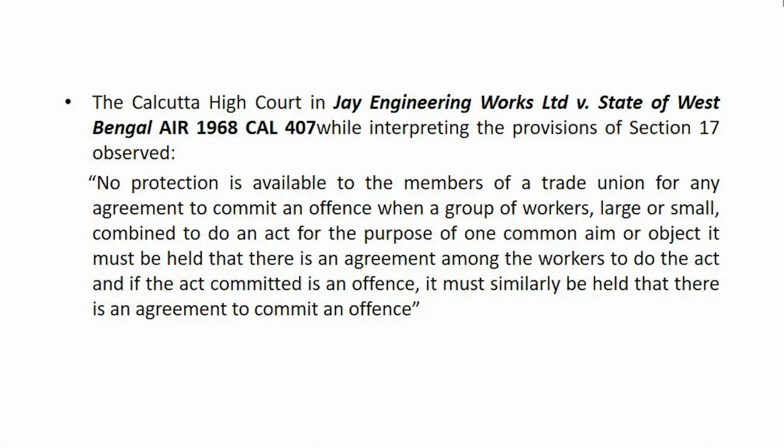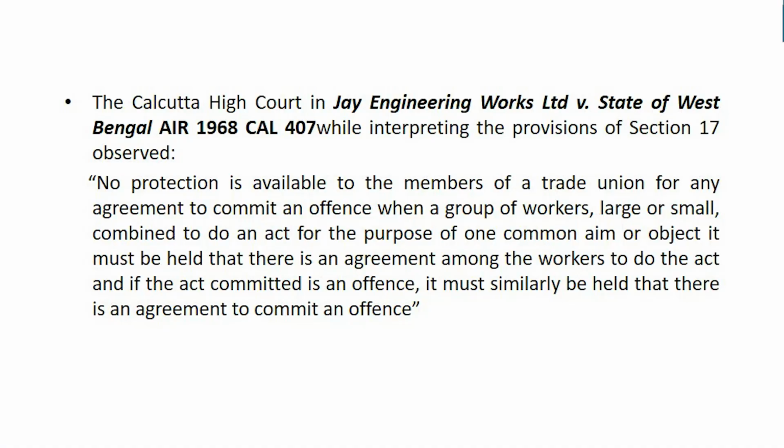The Calcutta High Court in G Engineering Works Limited versus Staff, when interpreting this section 17, very clearly laid down that no protection is available to the members of a trade union for any agreement to commit an offence.